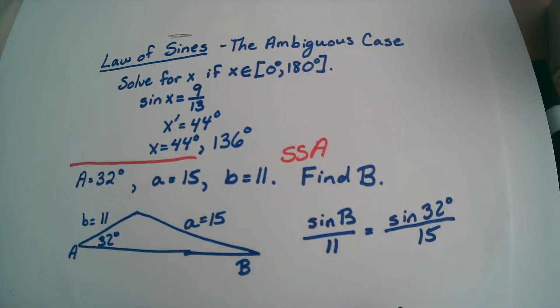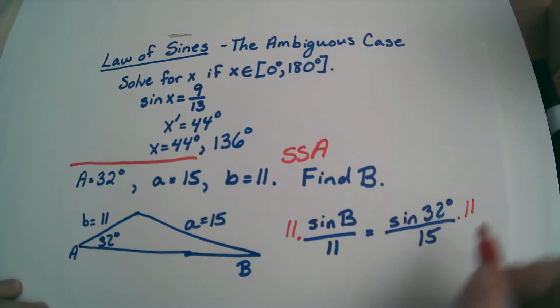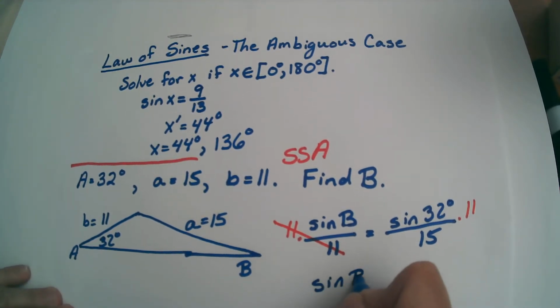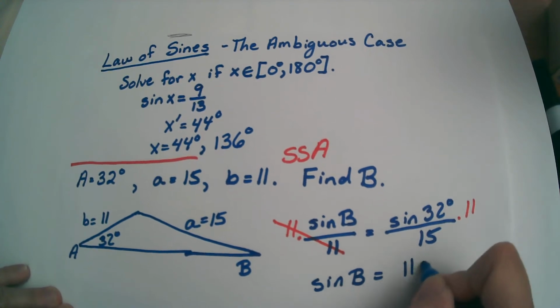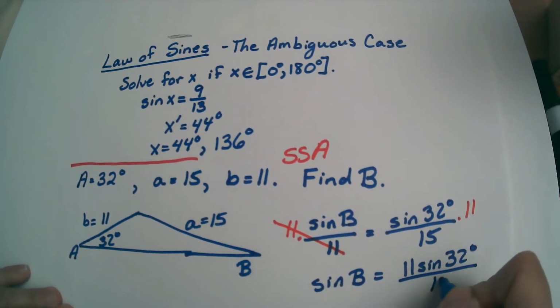Now often people cross multiply here and take a couple steps to solve for the sine of B, but we really don't need to. We could solve for the sine of B in one step by just multiplying both sides by 11. The 11's cancel, and then I would have sine of B equals 11 sine 32 degrees divided by 15.